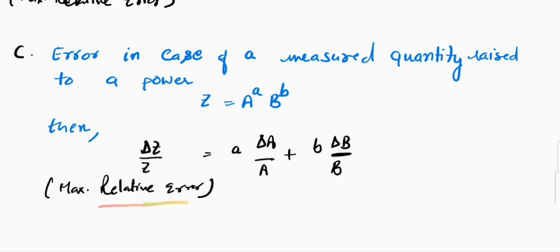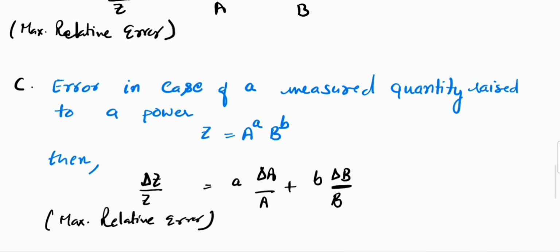The maximum relative error in this case is delta Z upon Z, equal to the power a multiplied by the relative error of A, plus, as with multiplication, the power b multiplied by the relative error in B. So this is the maximum relative error in Z. You have to remember all these formulas by heart, then only will you be able to solve the numericals. Now let's get started with the numericals.